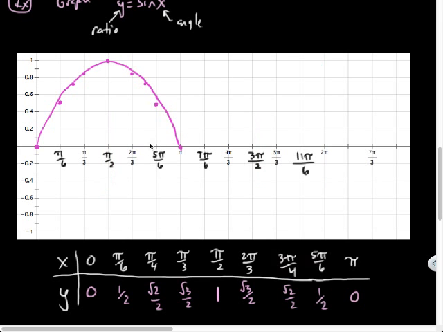So I'm going to extrapolate these points here a little bit. Here at 7 pi over 6, instead of positive a half, I'm expecting it to be negative a half. And then instead of positive root 2 over 2, or 0.707, I'm expecting it to be negative 0.707.